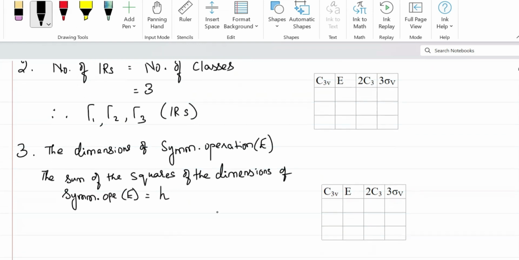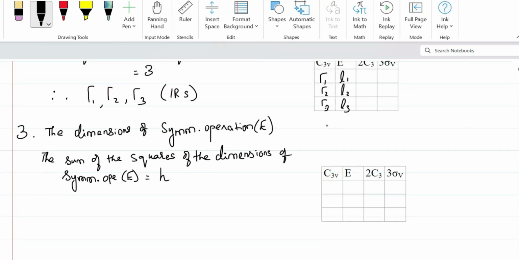So this is the 1, 2, and 3 irreducible representation. Let us consider the dimensions to be L1, L2, and L3. So here L1 squared plus L2 squared plus L3 squared.